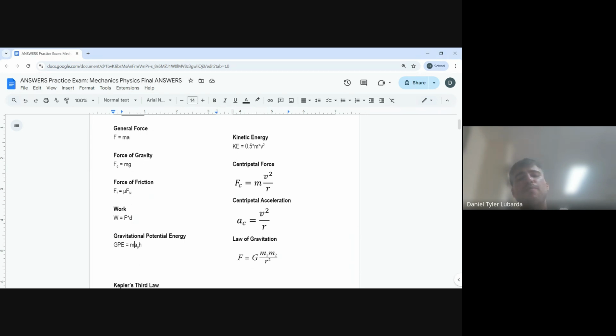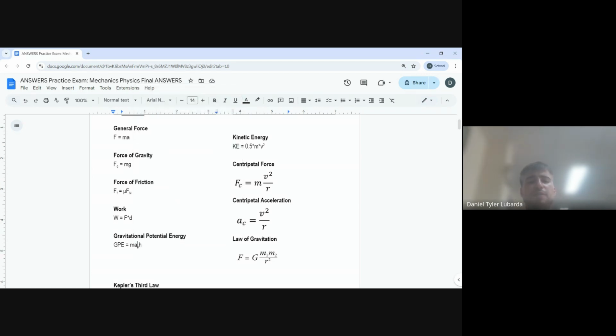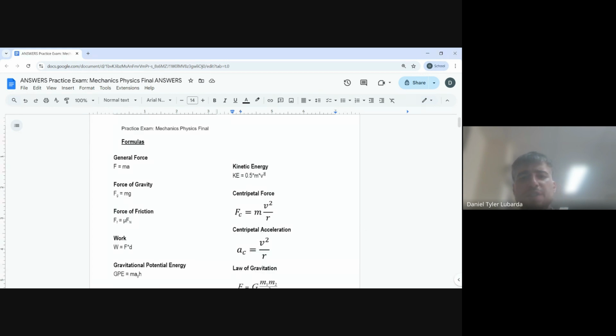GPE is equal to mass times the acceleration of gravity times height. And you'll notice that mass times acceleration of gravity is just weight. Next, we have kinetic energy. Kinetic energy is equal to 1/2 times mass times speed squared.